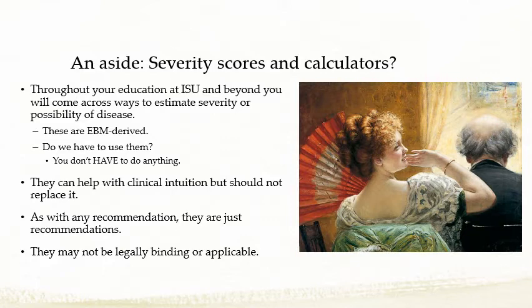Throughout your education at ISU and beyond, you come across all of these different scores, heart scores, Wells criteria, lots of different scores that we always use to try and help with our clinical intuition. And these things are made from statistics, right? It's not just people's general opinions. They know that if these people have a combination of risk factors and ages and symptoms, this tends to be the outcome. So that's how they're made.